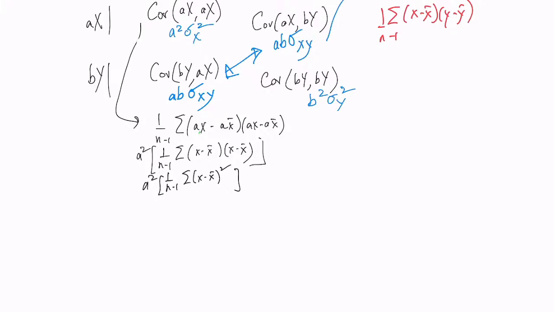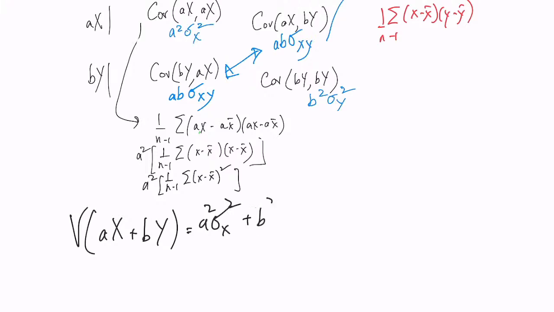So what I said was the variance of ax plus by is equal to a squared sigma x squared plus b squared sigma y squared plus 2ab sigma xy.